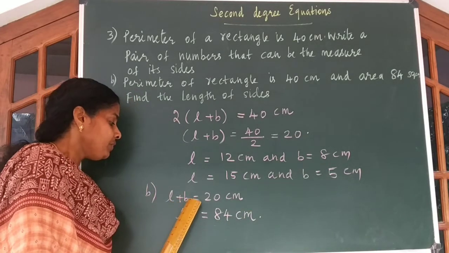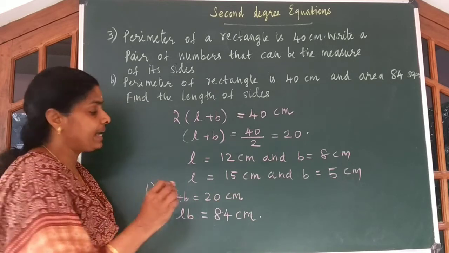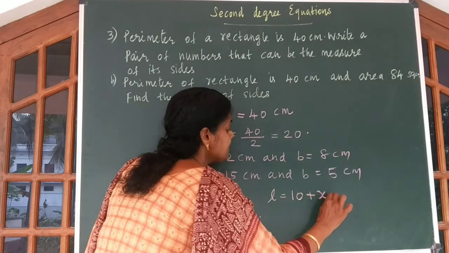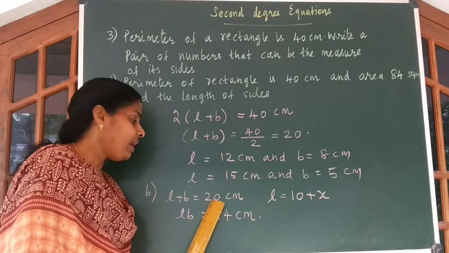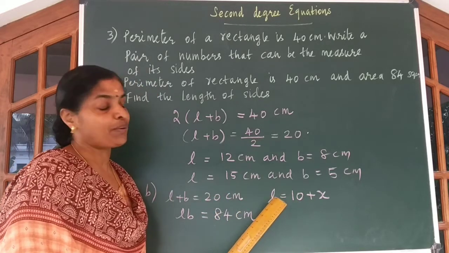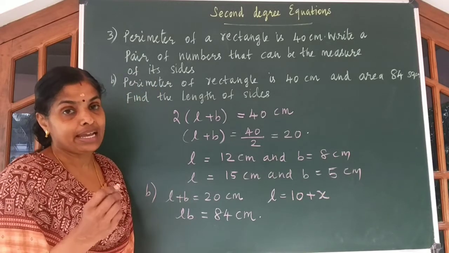Now using L plus B is equal to 20, we can guess L to be equal to 10 plus something. I took half of 20, which is 10. So I can write length is equal to 10 plus some number, which is equal to x.